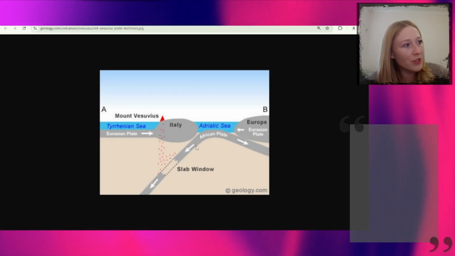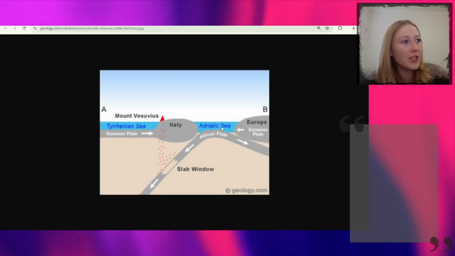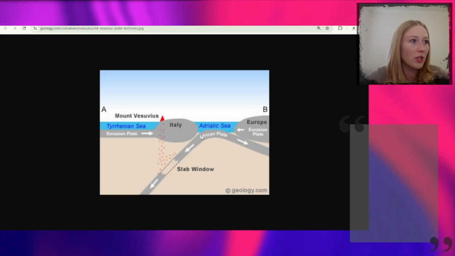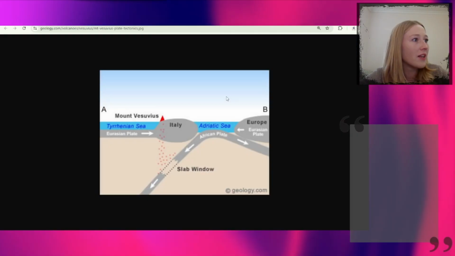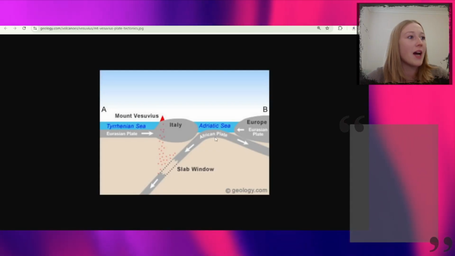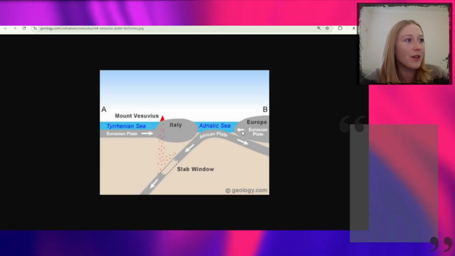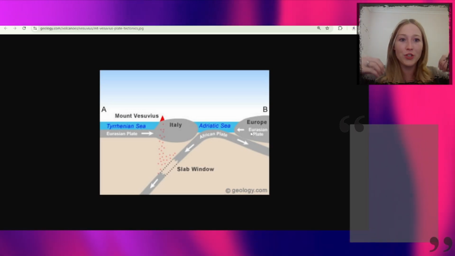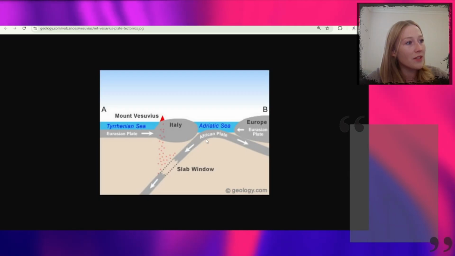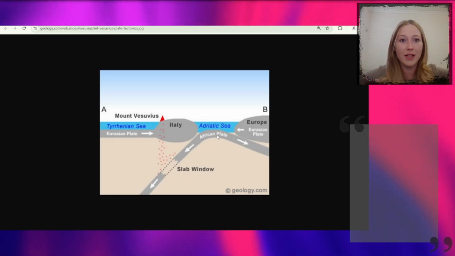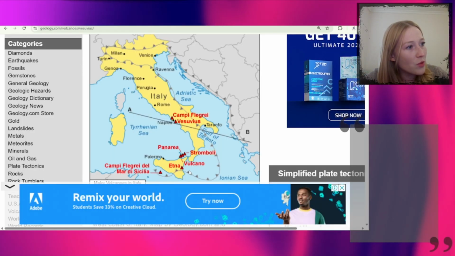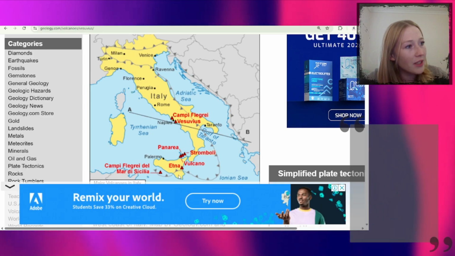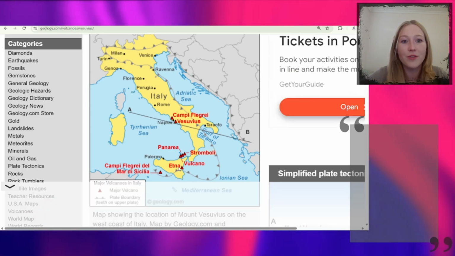And because of that, you have this little section of the African plate in between, which is, I believe, oceanic crust, and it's being subducted underneath these two plate boundaries. So we've got these two layers of continental crust converging together, and it's causing this section of the African plate to subduct underneath them. And that is what we have happening over here, and that is why we have this volcano.